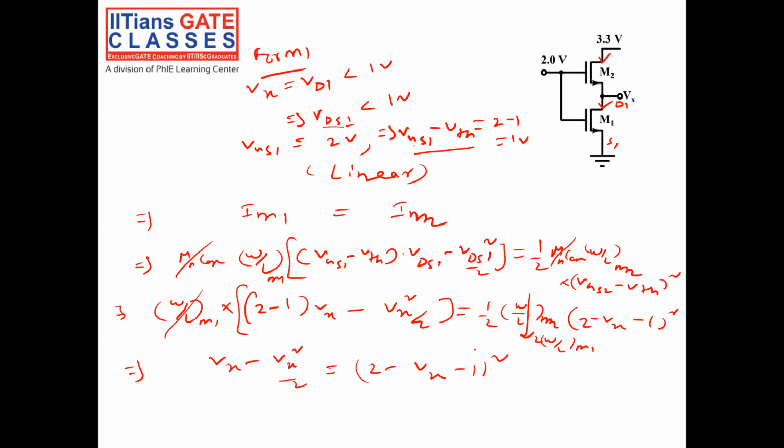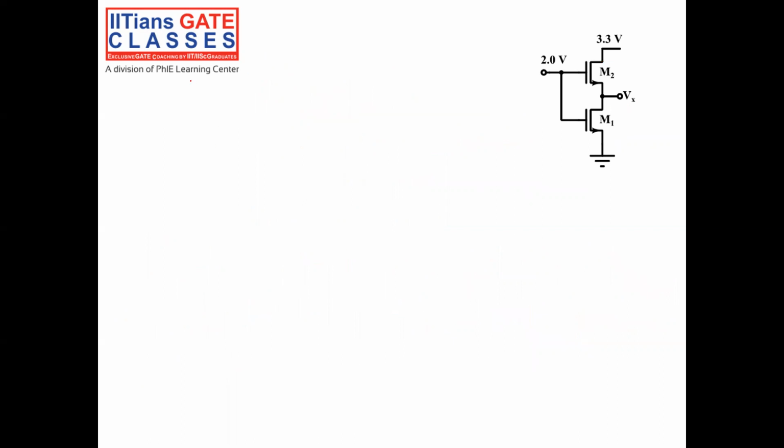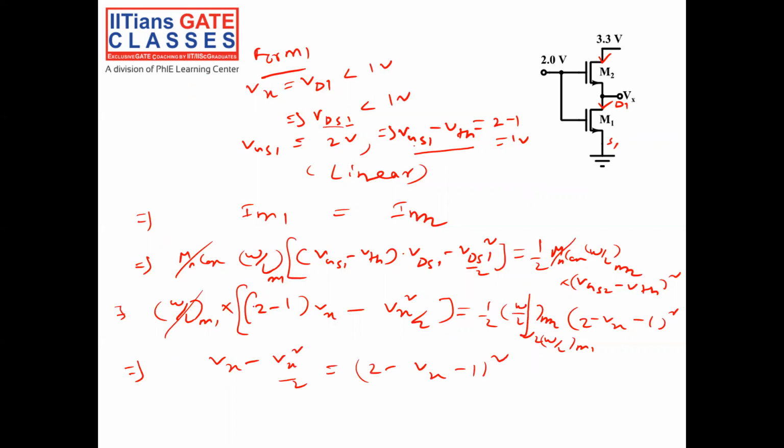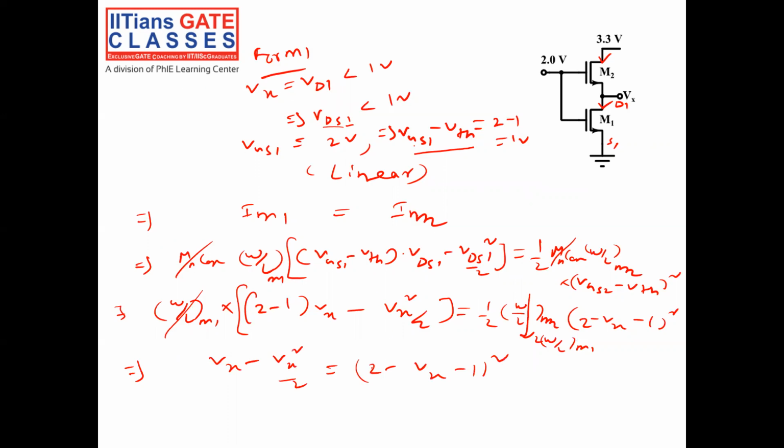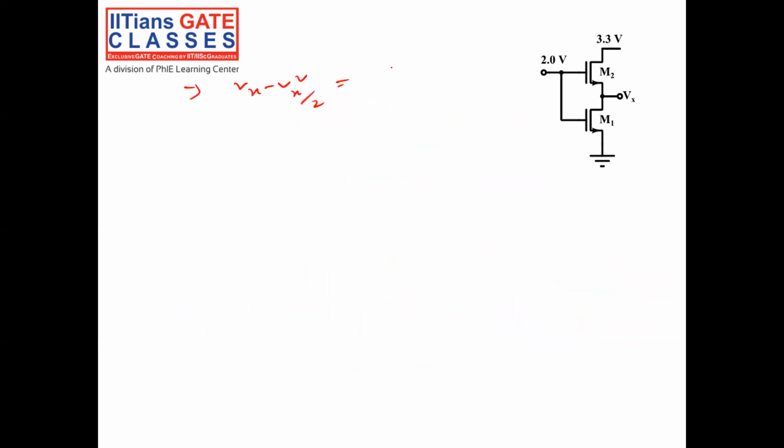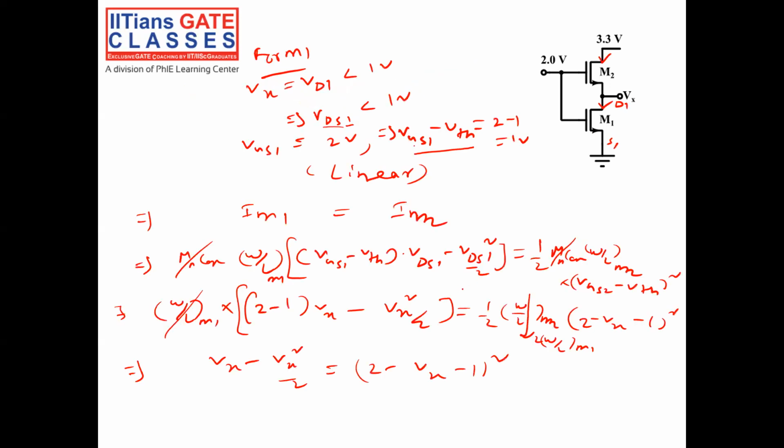Okay, this I have to solve to calculate Vx. Let us solve it. Simplifying, Vx minus Vx square by 2 is equal to 2 minus 1, which is 1, minus Vx whole square, right?